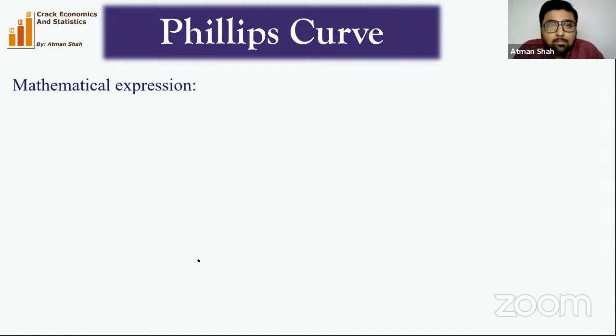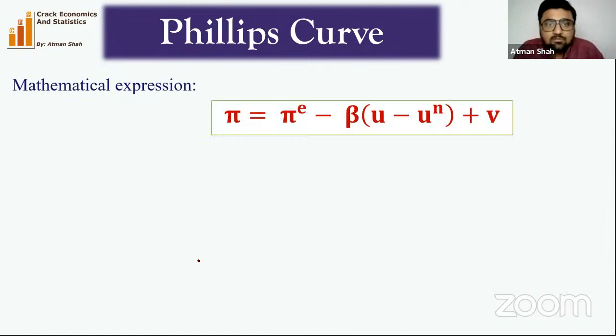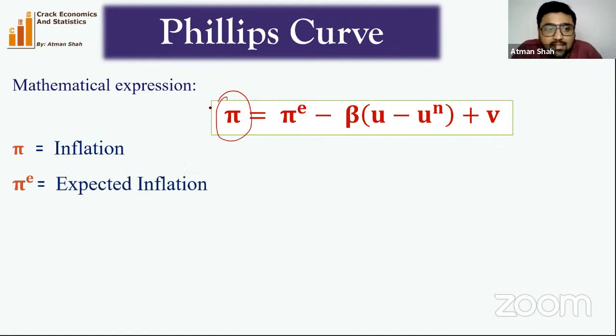So let's understand the mathematical expression of the Phillips curve. Here we have this equation, which is known as the Phillips curve equation. Here pi is inflation. Pi e is the expected inflation. So we have seen that inflation depends on three things.